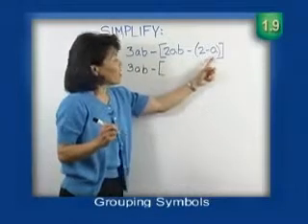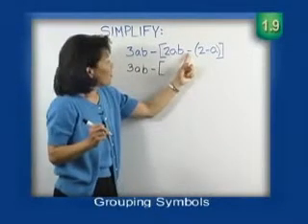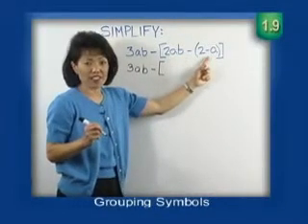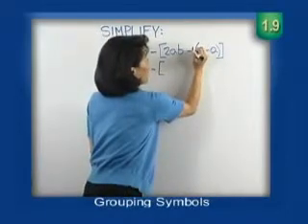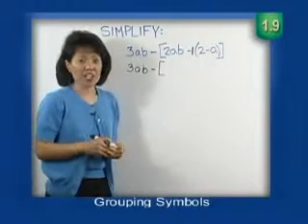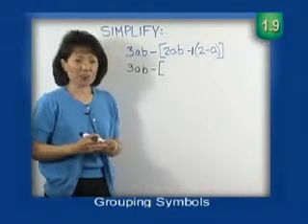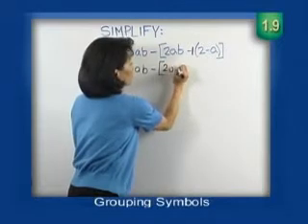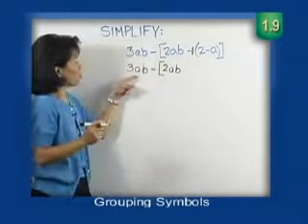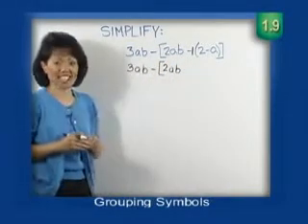Now in the innermost parentheses here, we see we have a negative sign in front of the parentheses. So hopefully you remember that that negative sign is like having a -1 out front. We're going to again apply the distributive property. So we leave the 2ab, which is not changed. So notice in this first portion, nothing's changed, exactly the same.